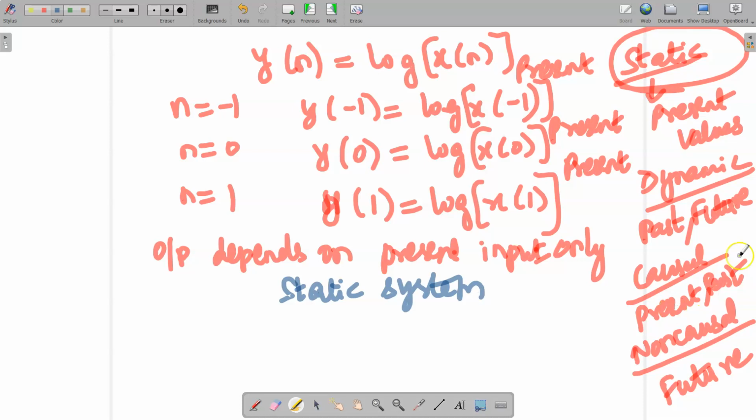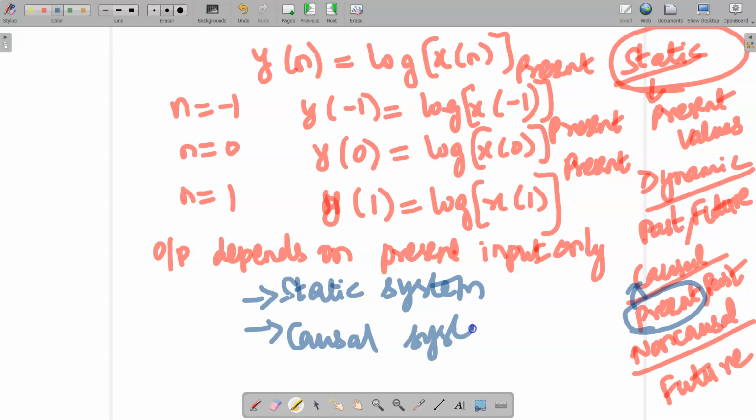Similarly, for causal, if it is present, I can say that it is causal. Since the output depends upon present input only, I can say it is a static system, and also a causal system. So the three classifications are over. It depends upon present value alone, so it is called static. Since it depends upon present, it is also called a causal system.